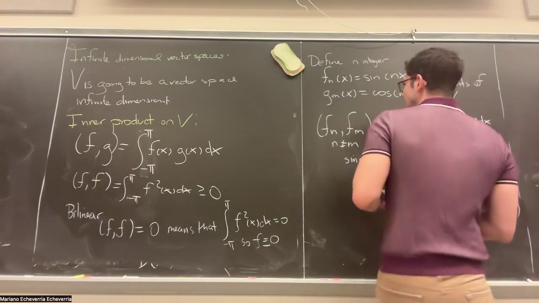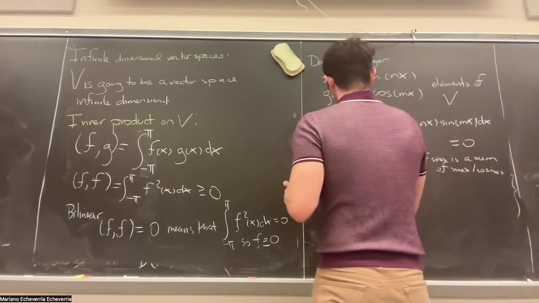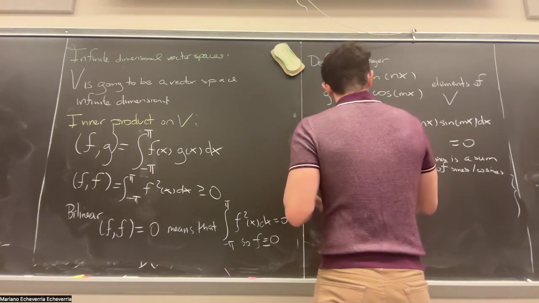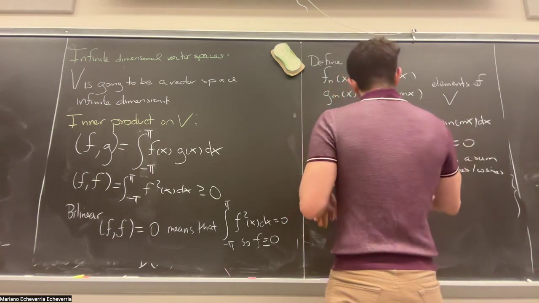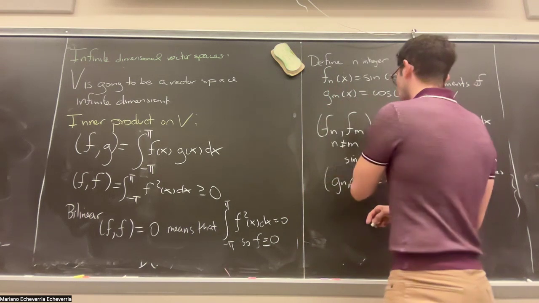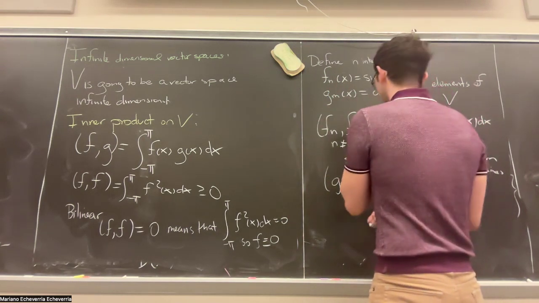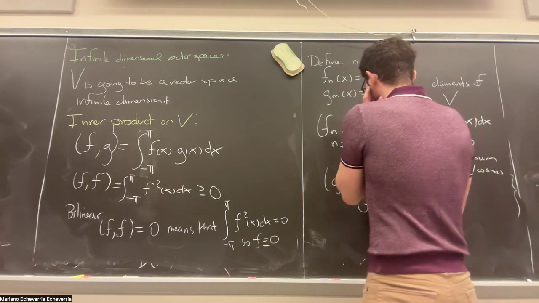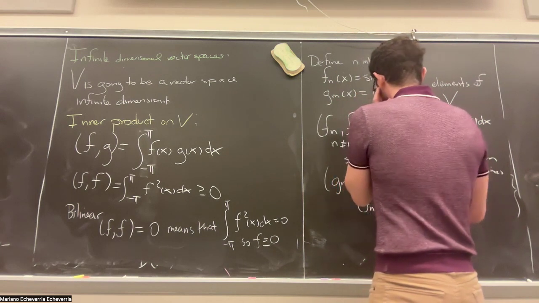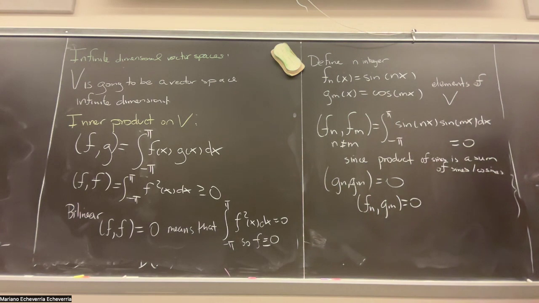It's not a super difficult integration to check. But the same logic: when n and m are different, they do integrate to zero. And also if you take a sine and a cosine, that also does integrate to zero. So I'm just saying that all these sines and cosines are orthogonal with respect to this inner product.